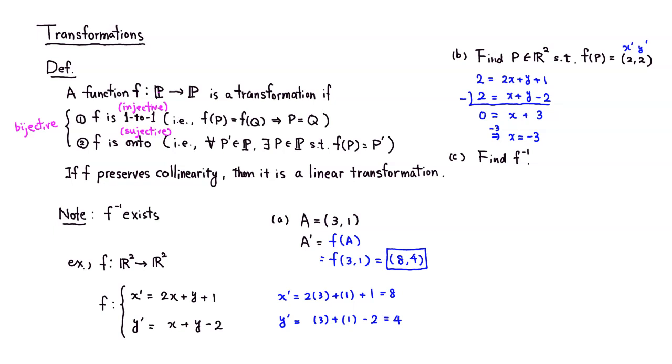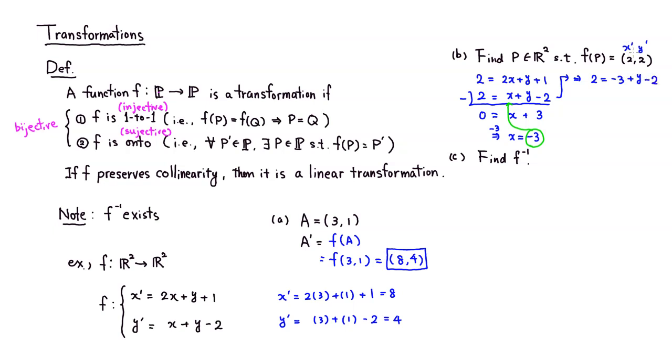I like the bottom one better, so I'm going to plug negative 3 in there. So we get 2 is equal to negative 3 plus y minus 2.